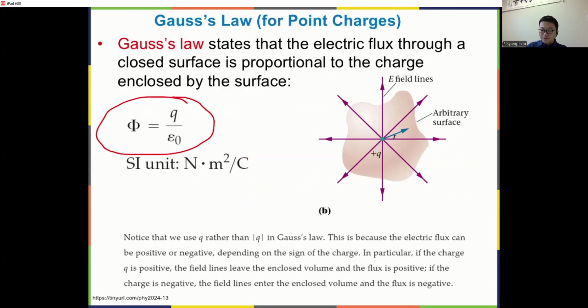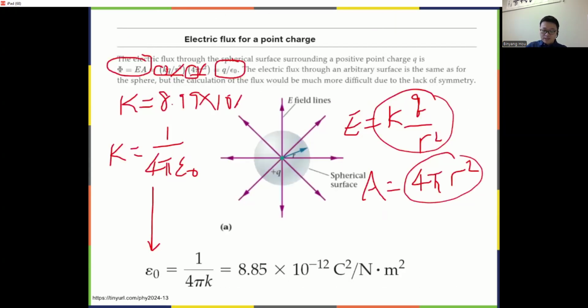Maybe you can go back to the previous slides: electric flux on this surface is just the charge this surface encloses, divided by a constant number epsilon naught, which is equal to this.